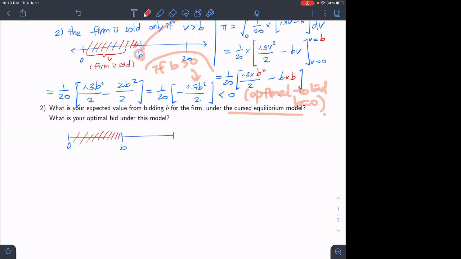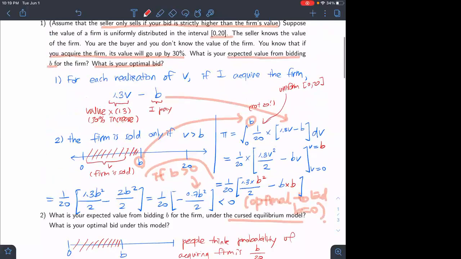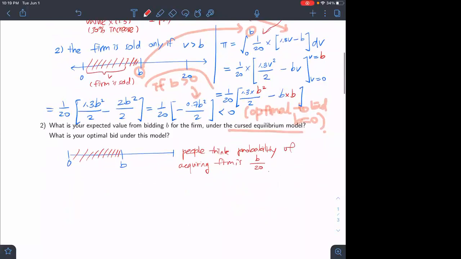So they think the probability of acquiring the firm is B over 20. Okay, but this is a fixed number. This is the main difference between what we did above and below.